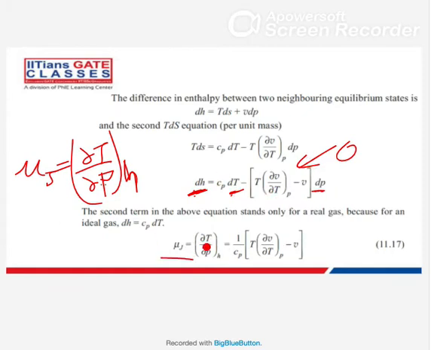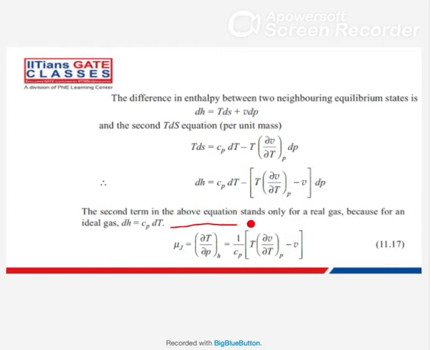So mu equals ∂T/∂P at constant enthalpy, which is equal to this particular term. So with the help of the TdS equation, you can derive mu also. Now, can anyone tell me what can be the mu value for ideal gas?